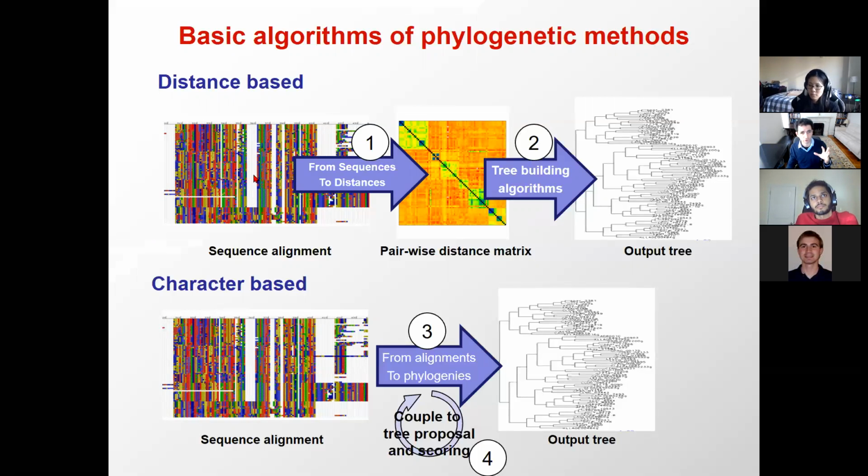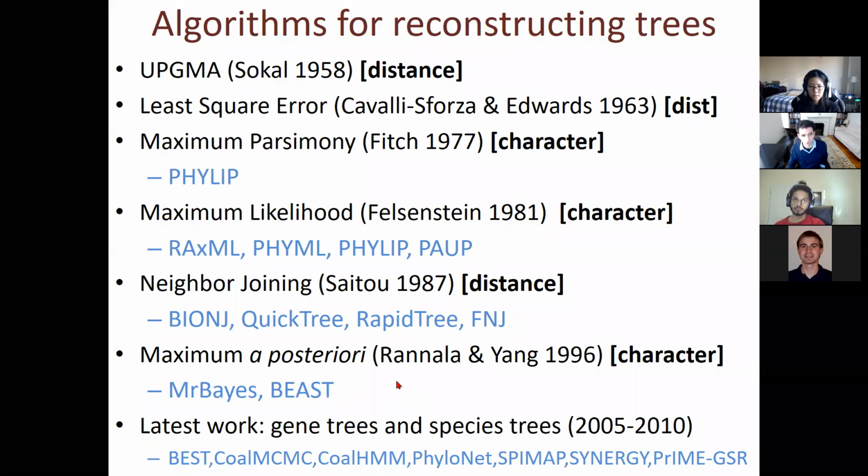We now went from distance-based methods that first compute a pairwise distance matrix from the sequences and then build trees from that, or these character-based methods that score the total goodness of a tree based on the evolutionary processes that it would imply at every column of my alignment, given this iteration over all possible ancestral states, and then how we could couple that with a tree proposal and scoring algorithm to search all that.